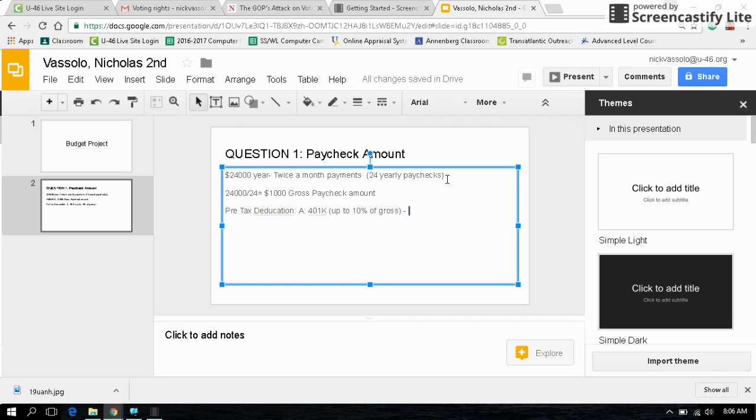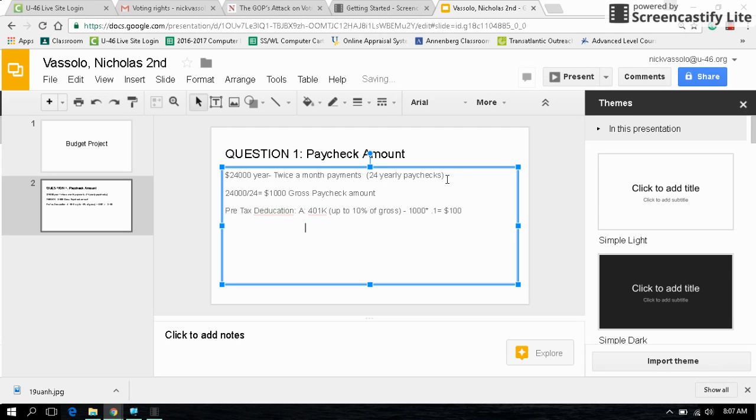And remember, when you're taking percentages and you're trying to figure out what 10% of 1,000 is, the equation is 1,000 times the decimal version of the percentage, which in this case would be 0.1, and it would turn out to be $100, right? 1,000 times 0.1 equals $100. You're taking $100 out of every check and putting it away for your 401k.